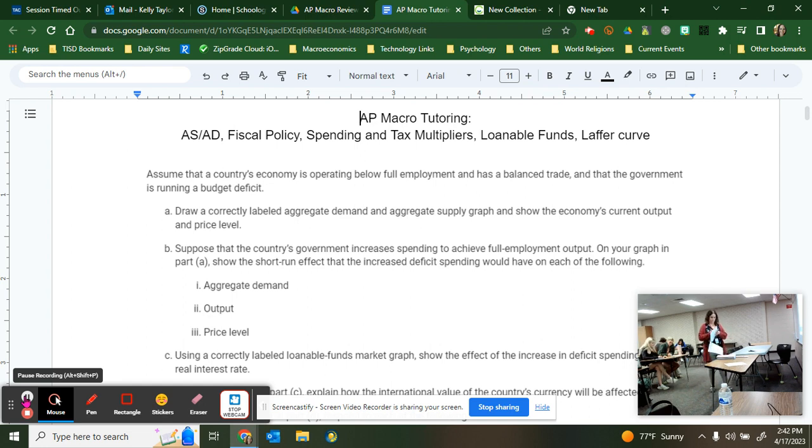Employment would definitely increase, right? Sure. What? Crowding out. I remember this word. Fiscal income.